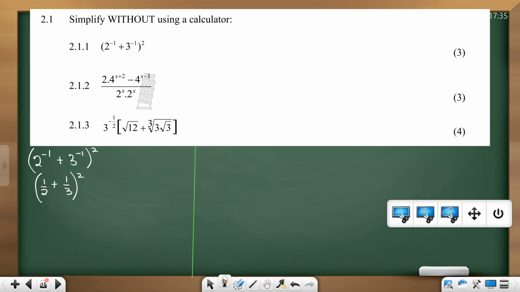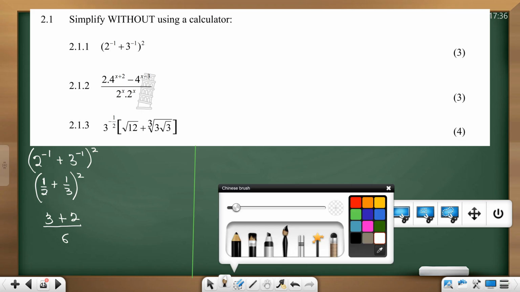They say without the use of a calculator. All right, the way I like to do this is I multiply this 1 by this 3, left to right, 3, plus this 2 multiplied by this 1. Since they said don't use calculators, they're asking you to show the steps. And then 2 times 3 would be 6. Diagonal, diagonal, denominator. Let me do that again.